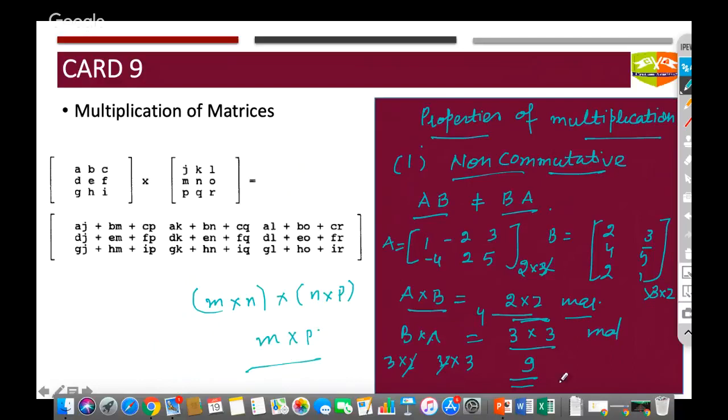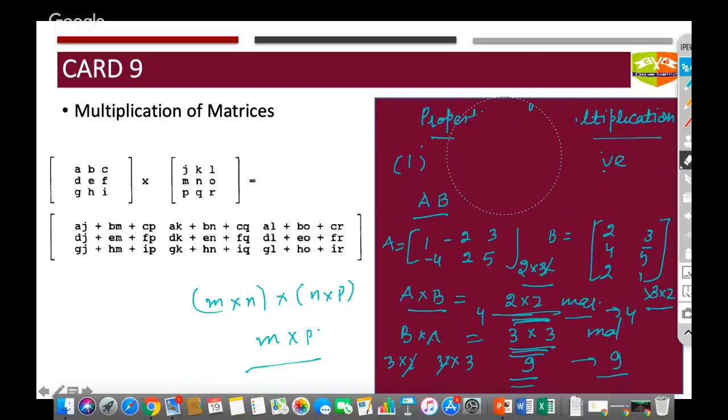So if I multiply 2 into 3 with 3 into 2, the 3 gets vanished, so you get a 2 into 2 matrix, and here you get a 3 into 3 matrix, 4 elements here, 9 elements here. So you cannot get the same matrix, so it is non-commutative in nature, and this is one of the most important properties of multiplication of matrices.